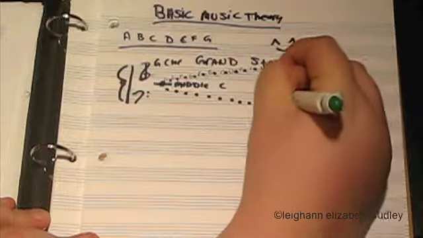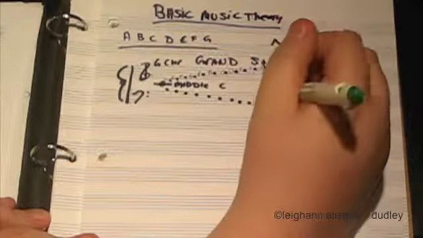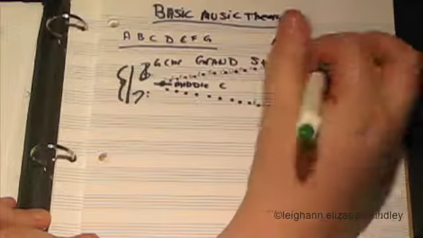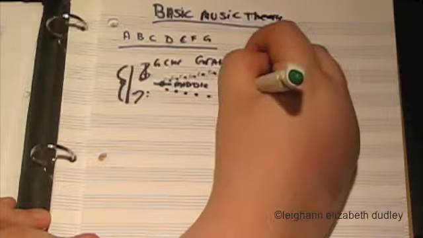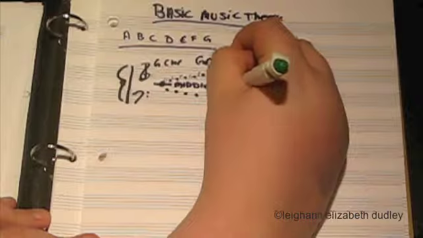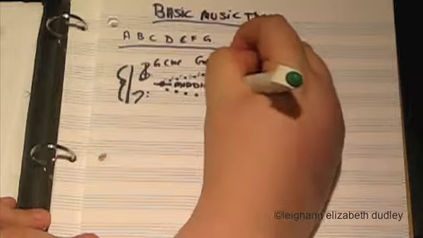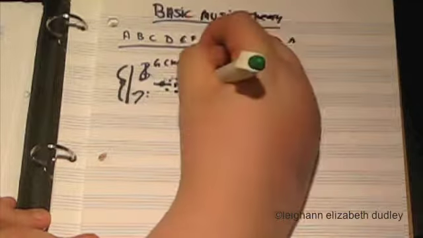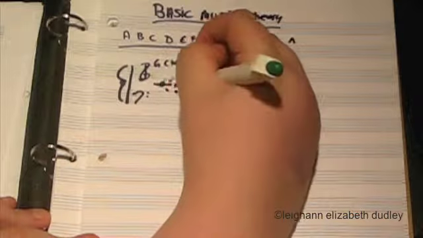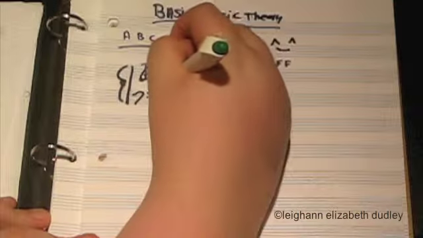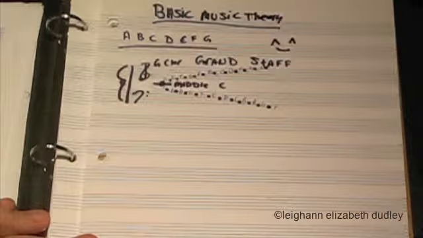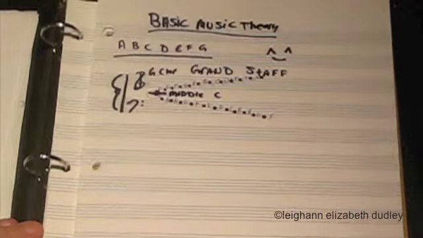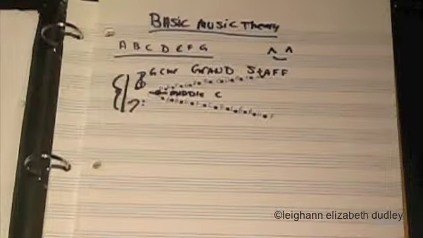F. G, A, B, C, D, E, F, G, A, B, and middle C. And that is how the two staffs connect.